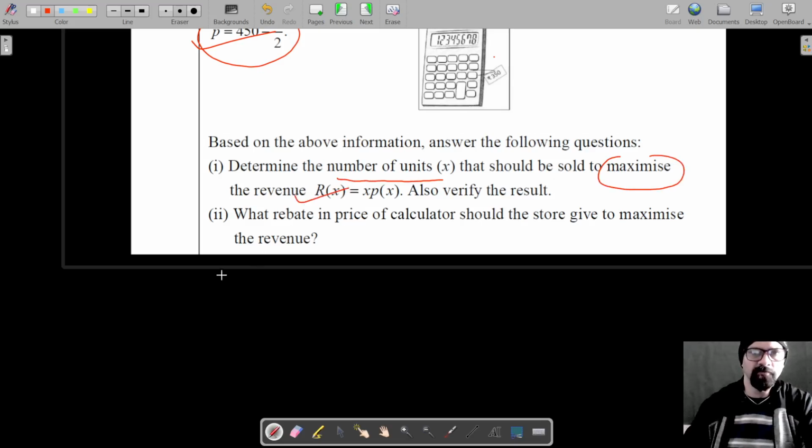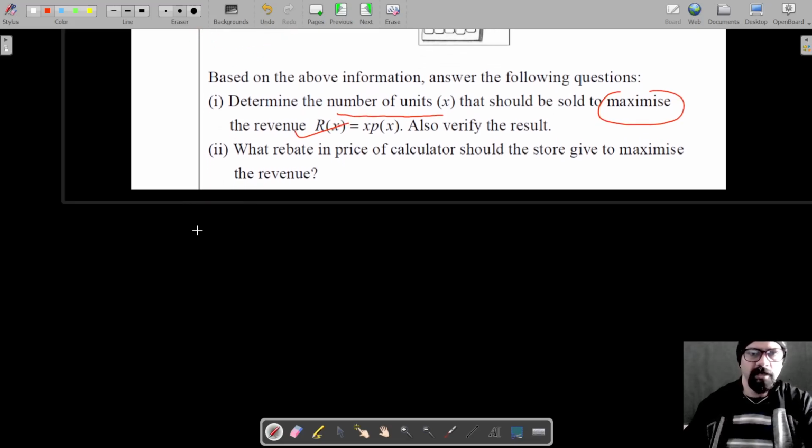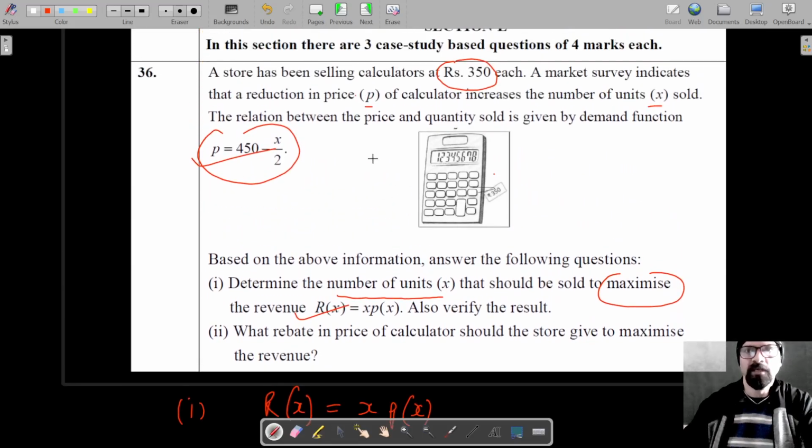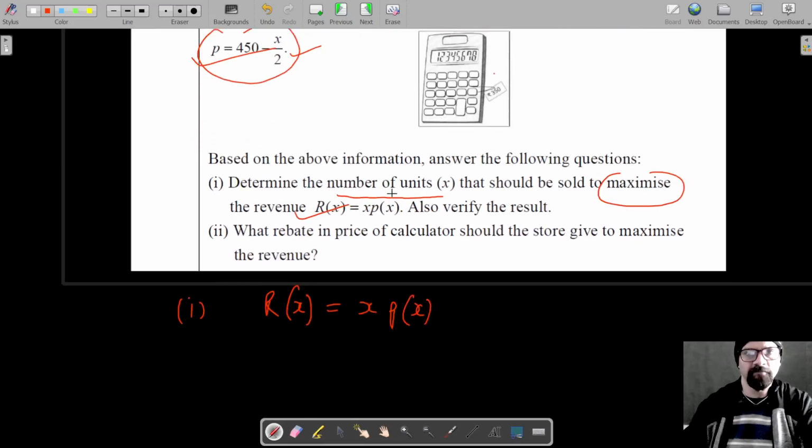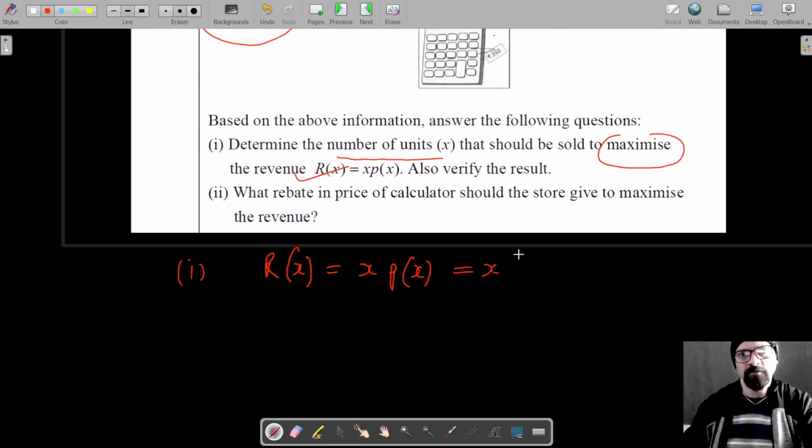And the revenue is given by the function R of X is equal to X into P of X, where P of X is the demand function and P is 450 minus X by 2. So this is equal to X into 450 minus X by 2.